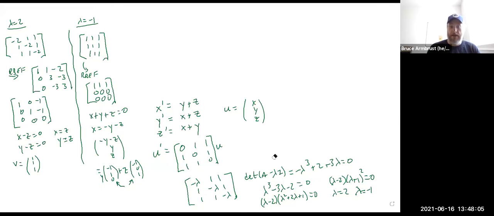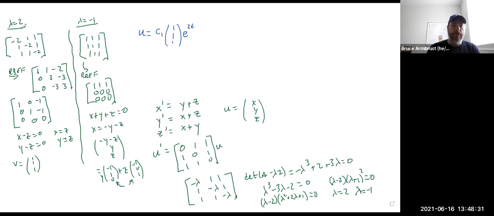So here we go. Here's our solution then. We're going to put this all together. Here's how we're going to write our solution. So our vector u is going to equal, well, let's start with the one that was 1, 1, 1. So I'm going to have c1 times [1, 1, 1] times e to the 2t.